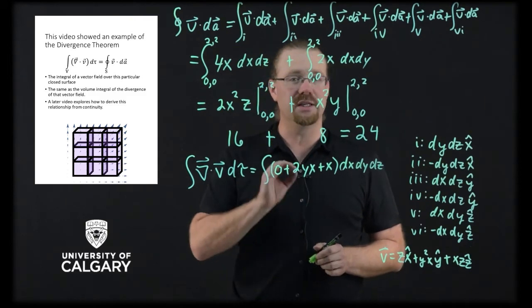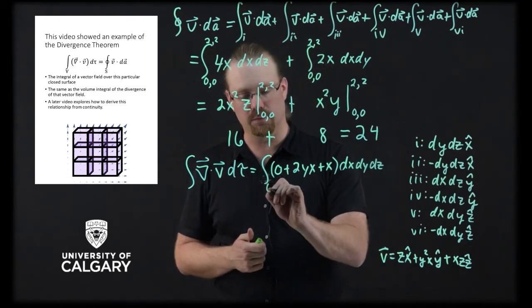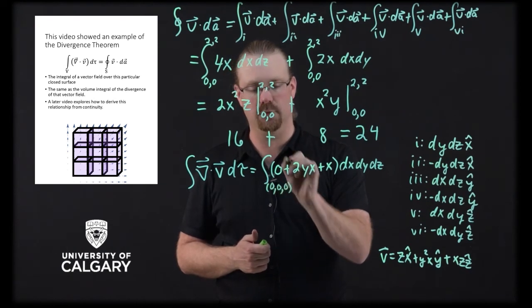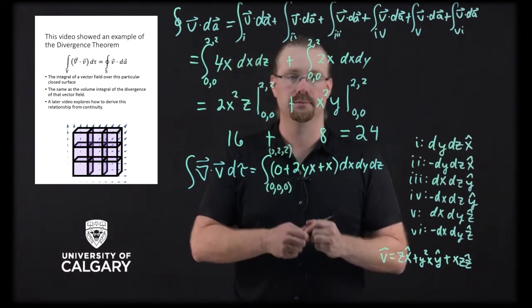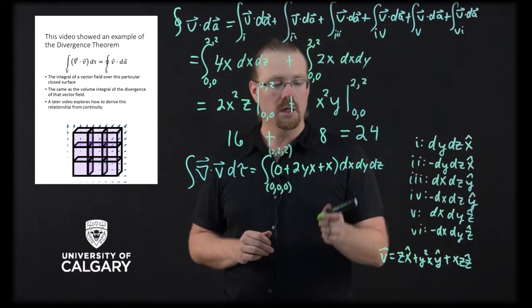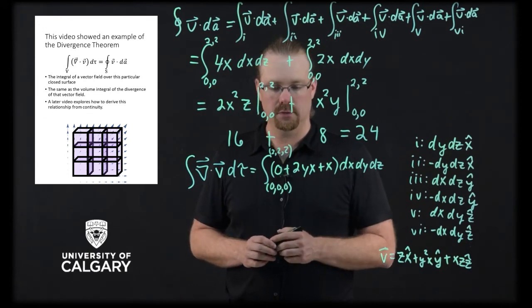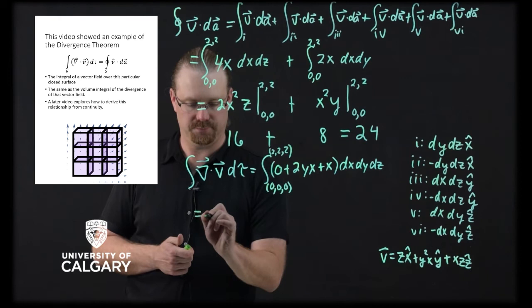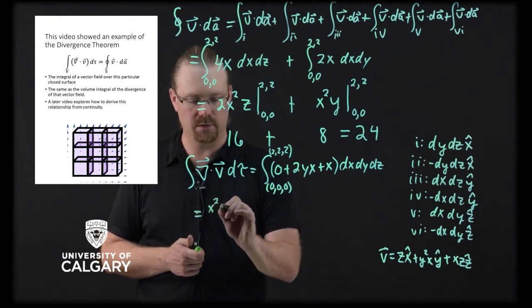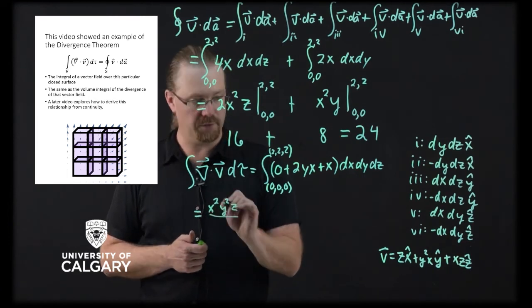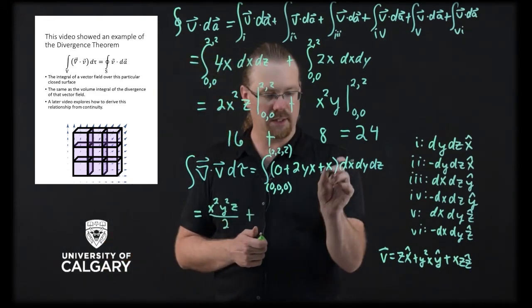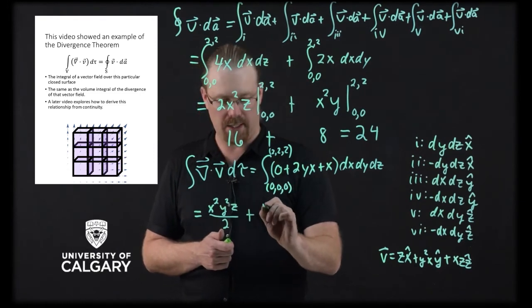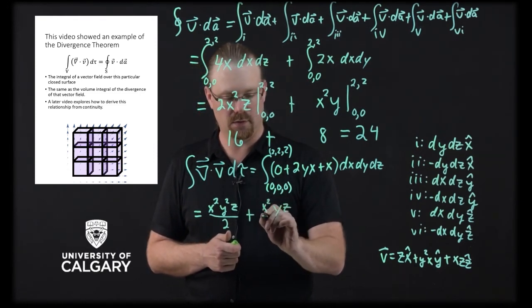Our limits of integration are still given by the same box. So we're going to go from x equals 0, y equals 0, z equals 0, up to x equals 2, y equals 2, z equals 2, giving us one nice triple integral to do. And of course, this integral winds up becoming x squared y squared z divided by 2. And then this component becomes x squared y z, also over 2.